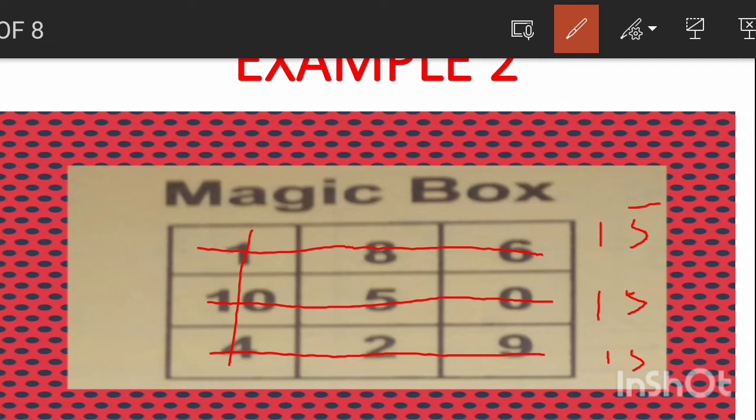Let's add 1 plus 10 plus 4 to give you 15. If you add the second column, 8 plus 5 plus 2, the answer will still give you 15. If you add the third column, it's still going to give you 15.